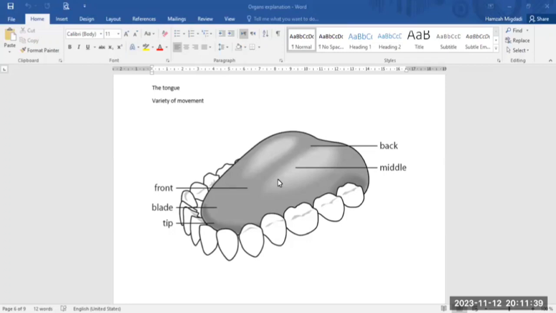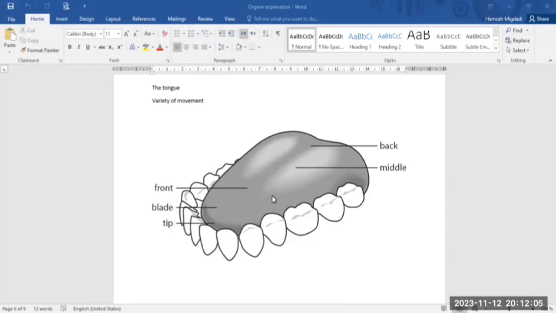But we have some divisions. Not parts, divisions. As you see here, we have the back part, the front part, and the tip and blade. Don't think about the middle. Okay, we have the back part, front part, blade part, and tip part.